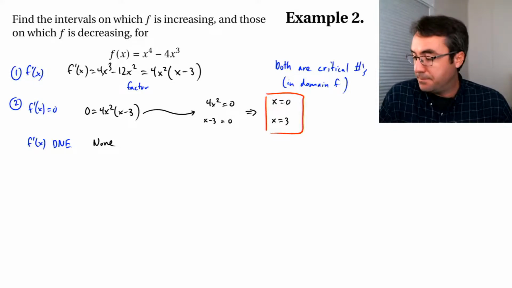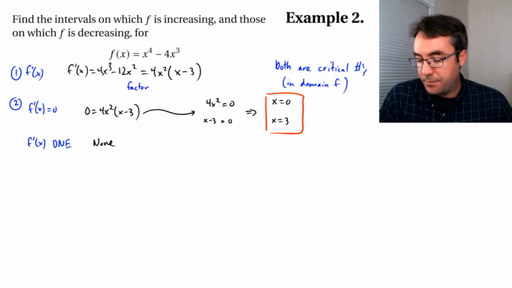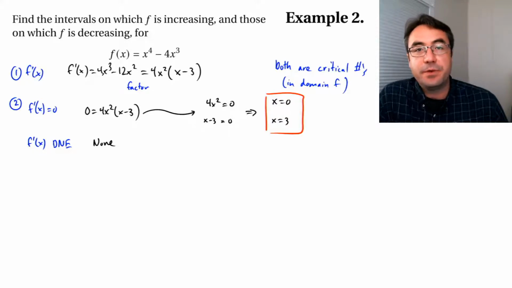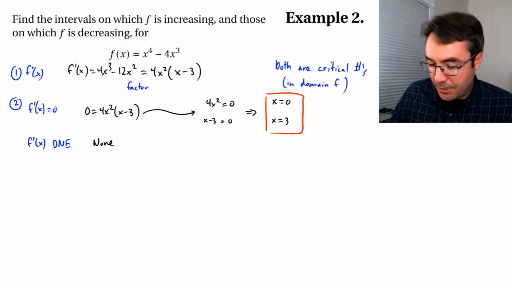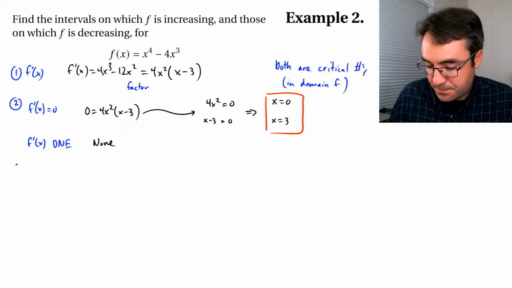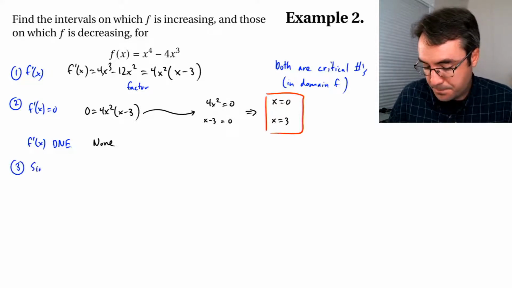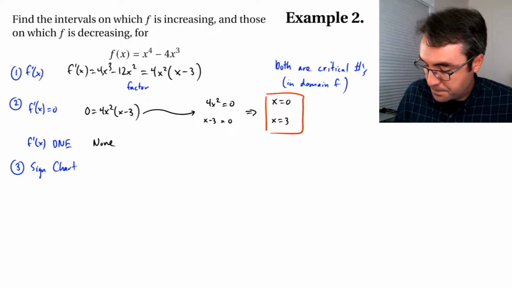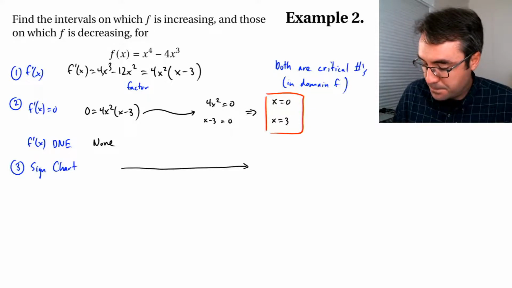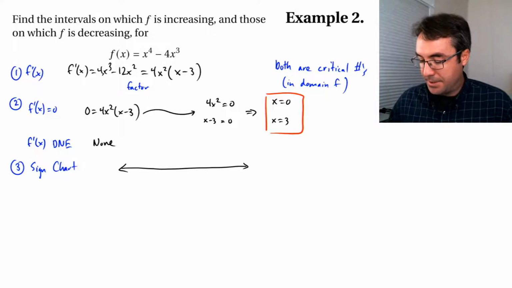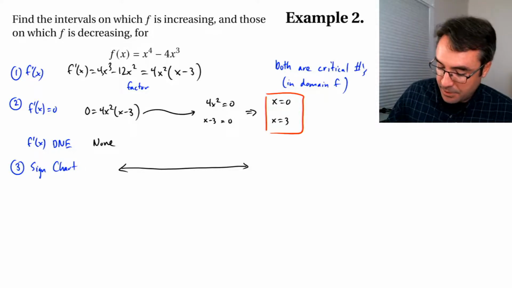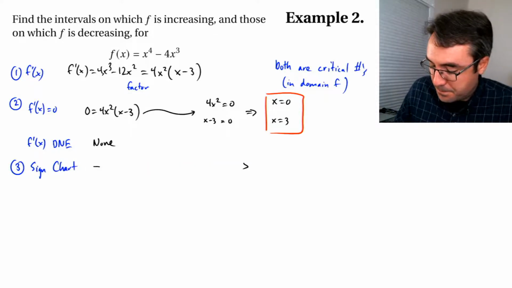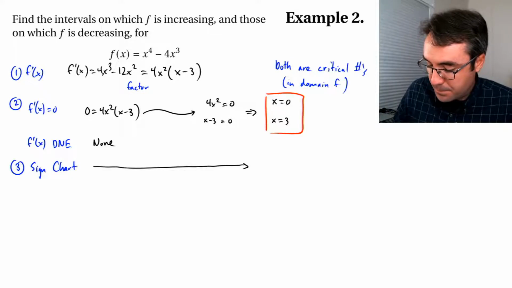All right, so we got our derivative. We have where our derivative is 0, where it's undefined. Now we do our sign chart. I'm going to need a little bit more room there. There we go.